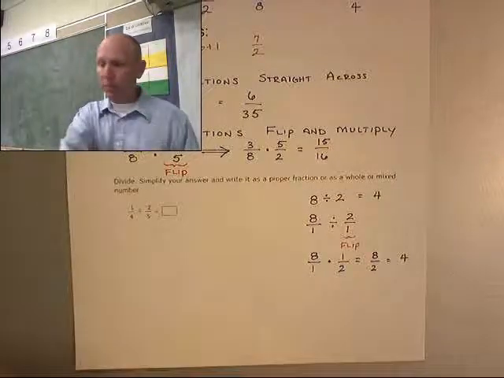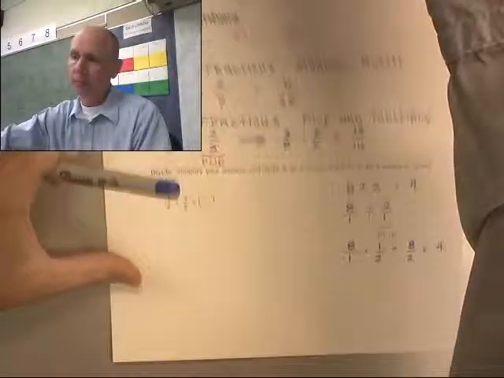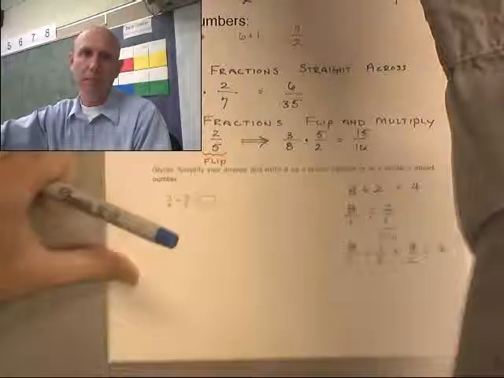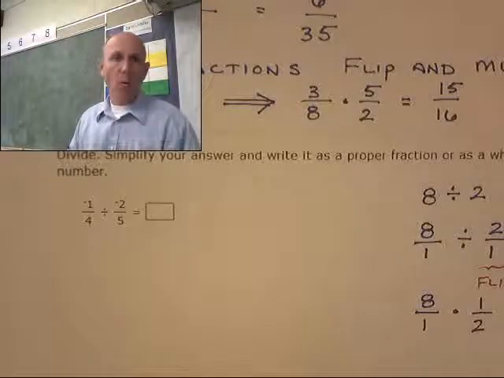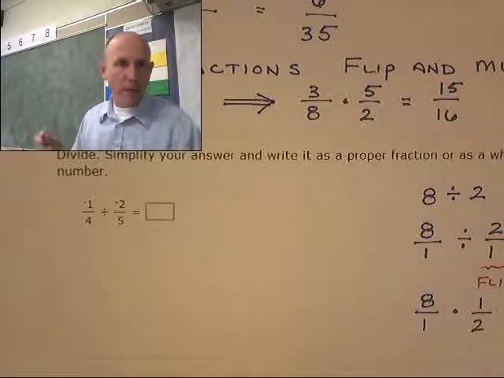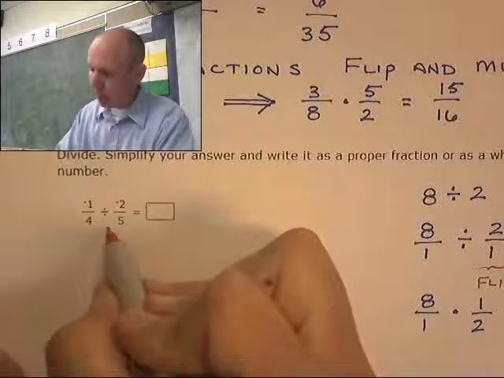All right, so let's do some problems here. We're going to divide. Here's our first one. Negative 1/4 divided by negative 2/5. So I'm going to take that second one and flip it.